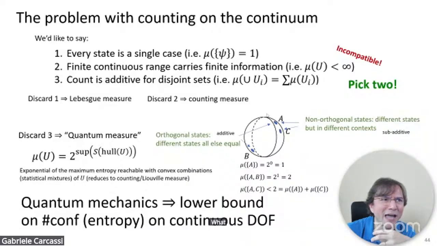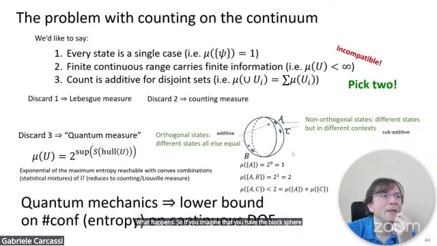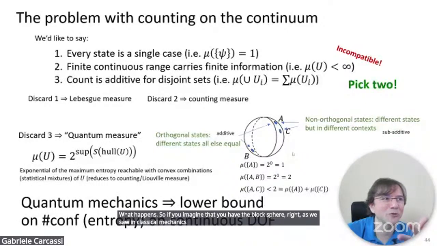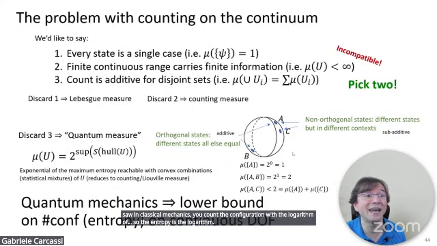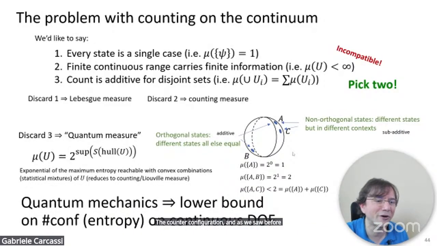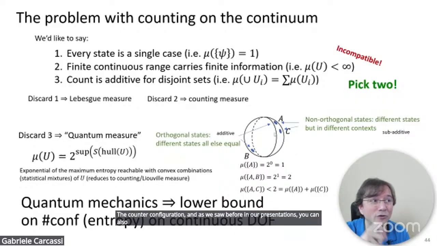So if you imagine that you have the Bloch sphere, as we saw in classical mechanics, you count the configurations with the logarithm, so the entropy is the logarithm of the count of configurations, and as we saw before in our presentations, you can also define the count of configurations as the exponential of the entropy.